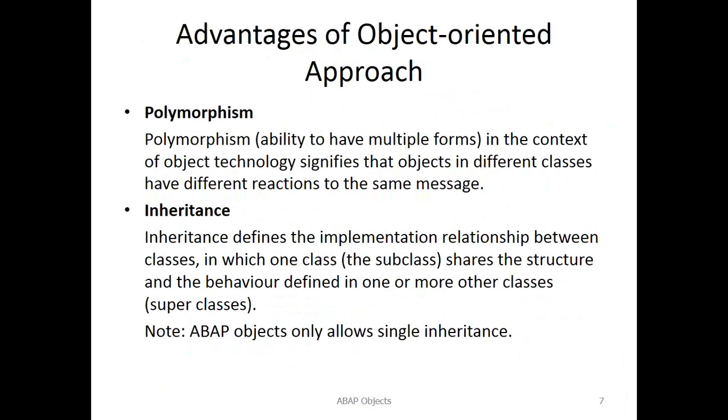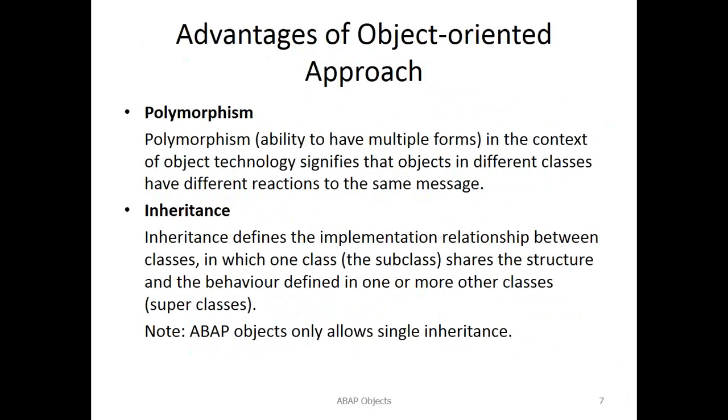Polymorphism. Polymorphism is one name, different forms. Yesterday we discussed OData generation. In OData generation, we have methods like get data. Whenever you redefine that method, the base class method may have one functionality and the derived method will have different functionality.